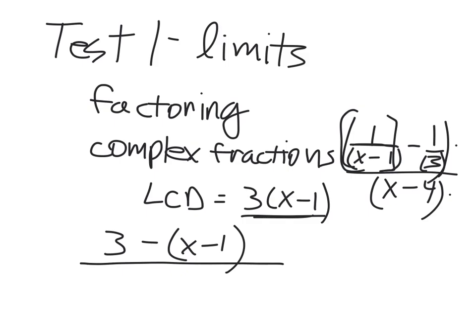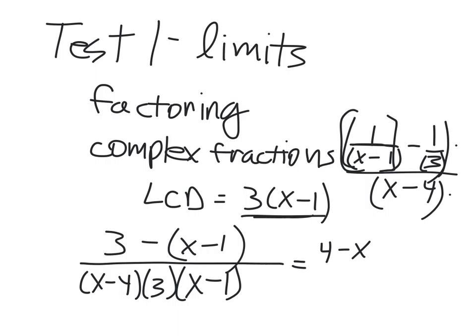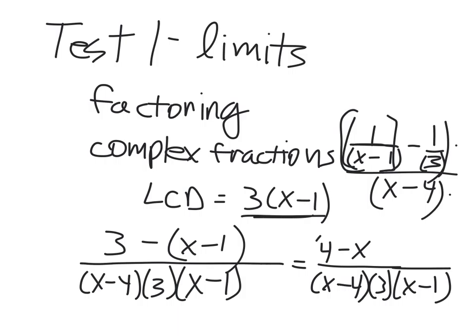The denominator, you have the x minus 4, and then times your least common denominator. And from there, we would get, ooh, this is a tricky one, 4 minus x over x minus 4 times 3 times x minus 1. Do we have a common factor here that we can cancel?